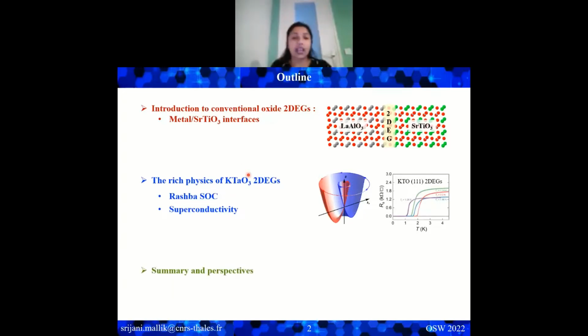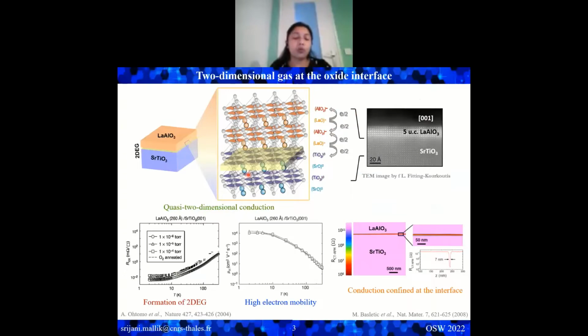To begin with, almost 20 years back, Ohtomo and Hwang discovered that if you deposit a few unit cells of lanthanum aluminate on top of strontium titanate, although both are insulating perovskite materials, the interface was conducting.